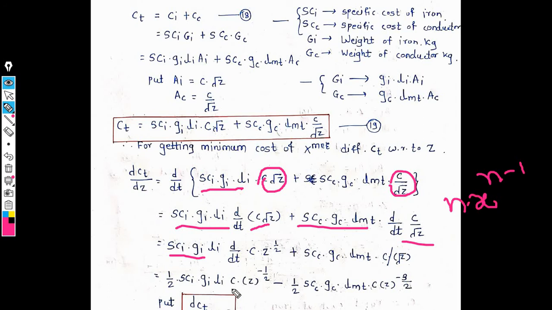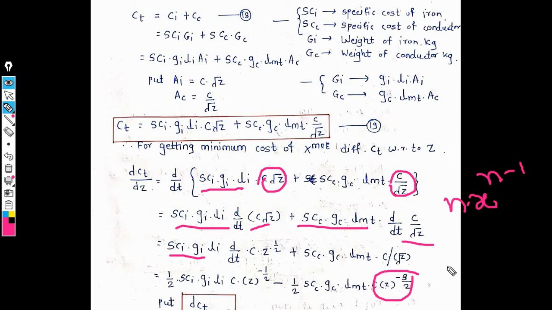This formula is used here. Then 1 by 2 SCI into GI into LI, C into Z raised to minus 1 by 2. Then this formula is also applicable for this term, that is minus 1 by 2 SCC into GC into LMT, C into Z raised to minus 3 by 2.